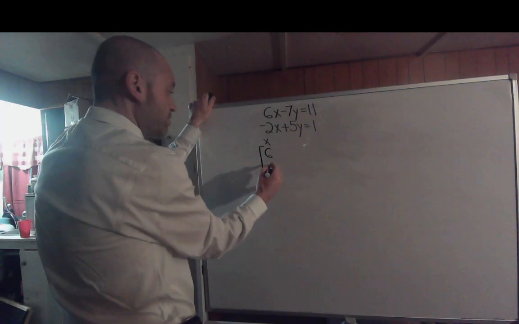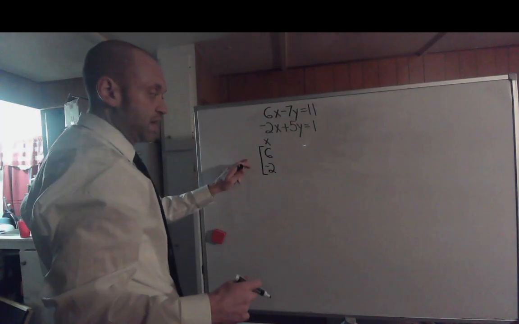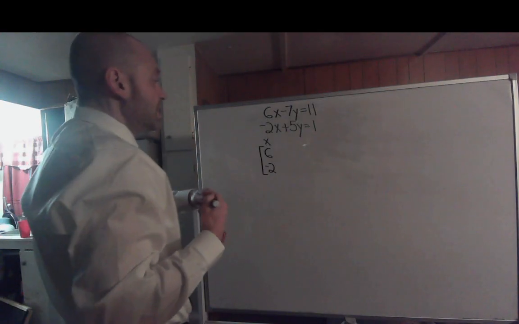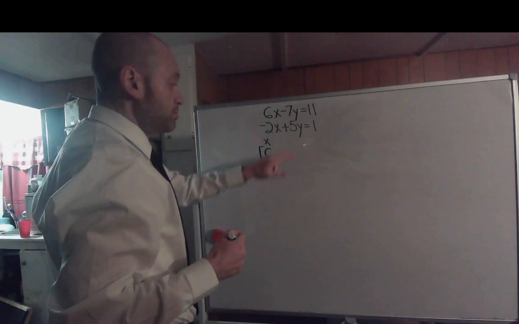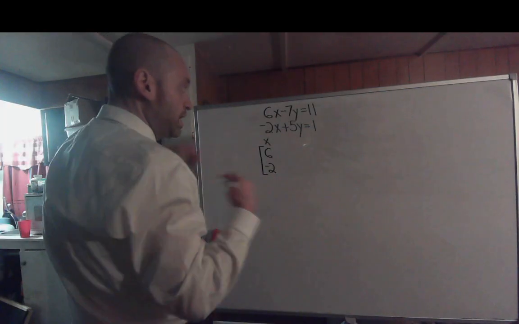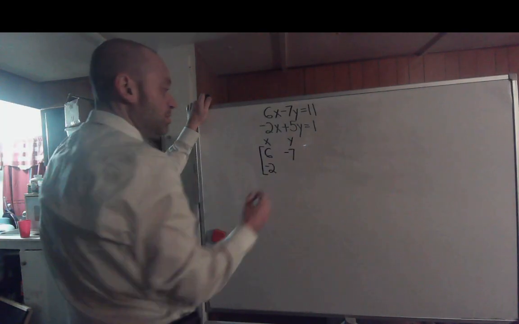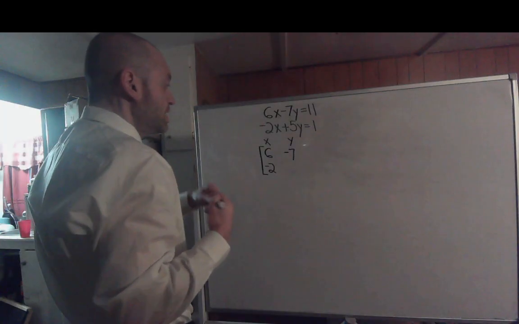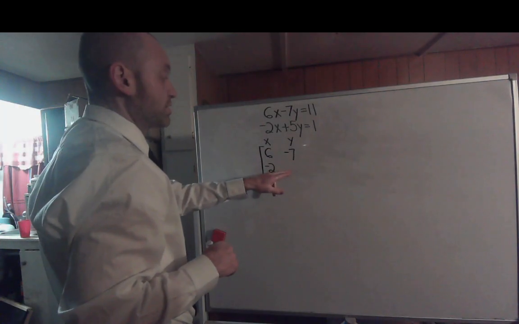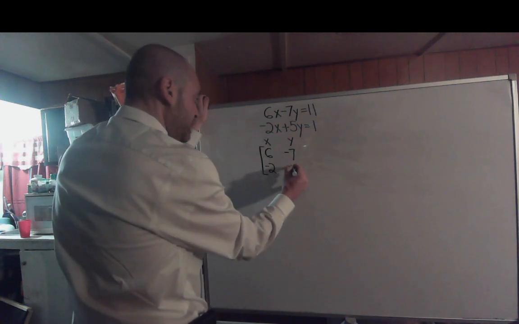In the second row, you'll have a -2 for your first number, right? Because that's in your x column. And then your second number in the first row of the matrix would be the coefficient on your y, which would be -7. So here's your y column. And then the second number in the second row is going to be the coefficient on your y, which would be 5.